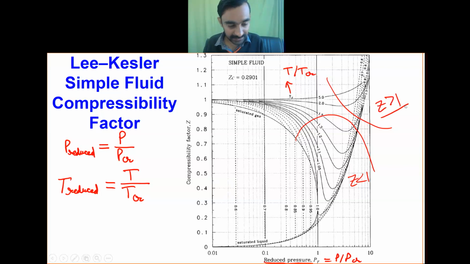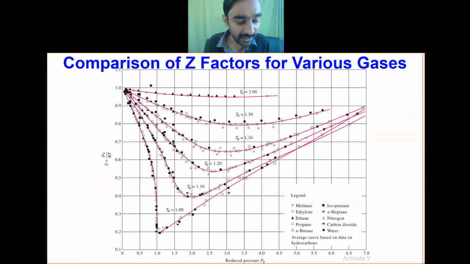This is the Lee-Kessler diagram. It has also been experimentally verified for different gases, because this diagram is applicable for each and every gas. You can see the comparison of the Z factor for various gases.